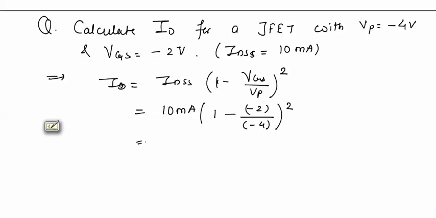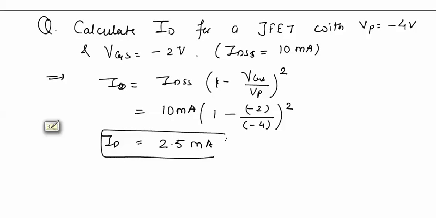This will be equal to 2.5 milliamperes. This will be drain current ID at VGS equal to -2 volts.